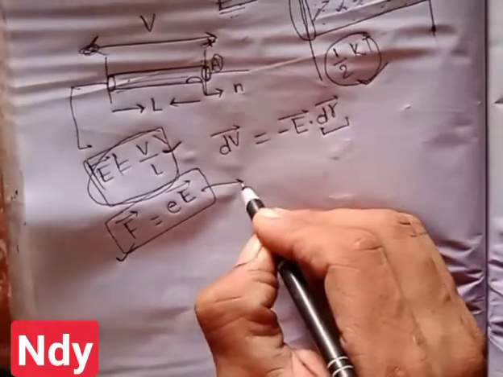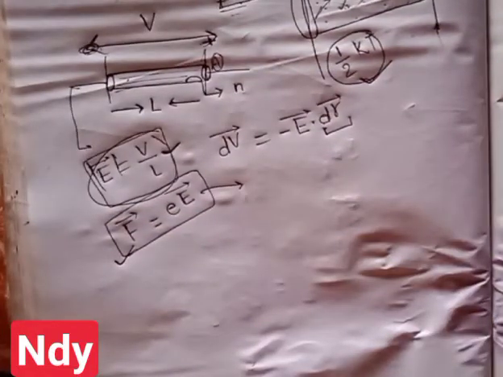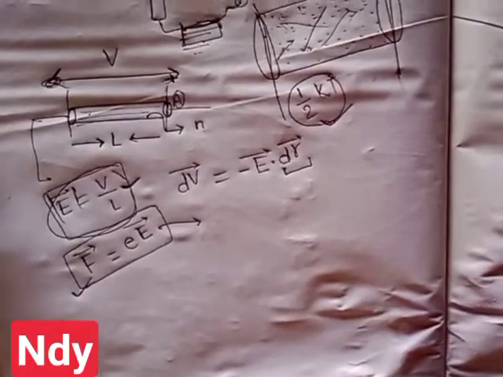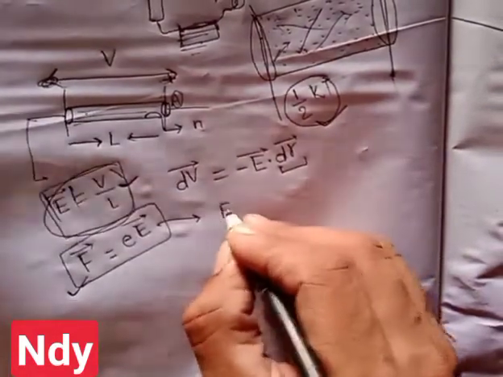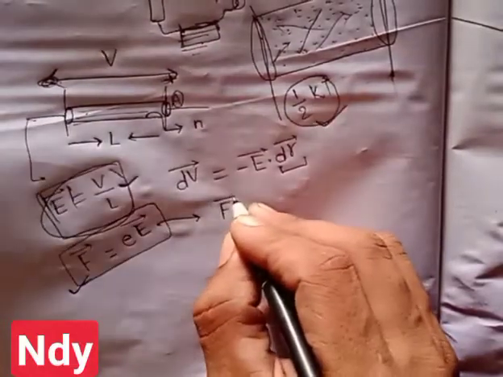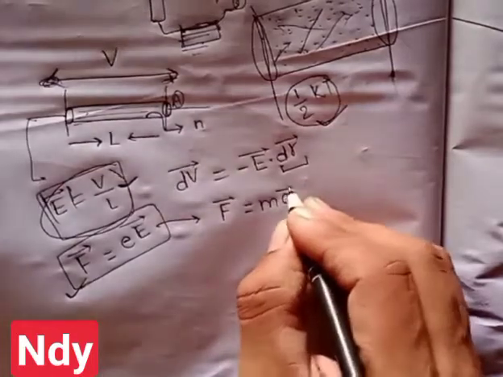And if we apply Newton's law, because this is very crude to use Newton's law for electrons, but for simplicity, as a very crude approximation, we can use it. From Newton's law we know that force on a particle is equal to mass times acceleration.